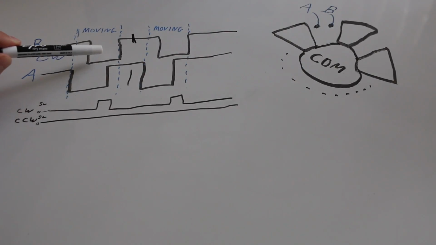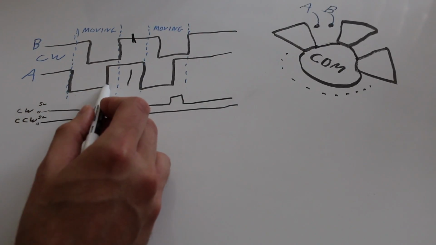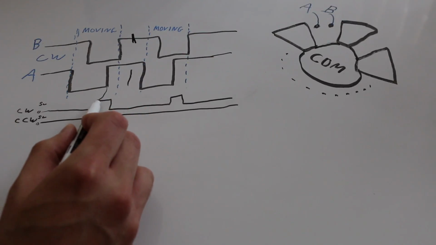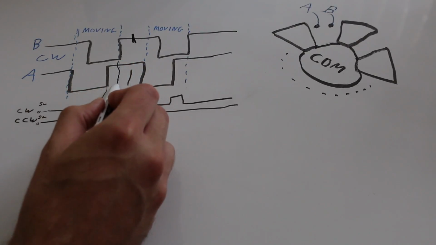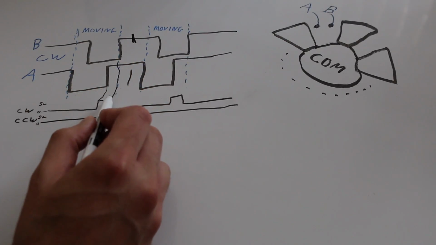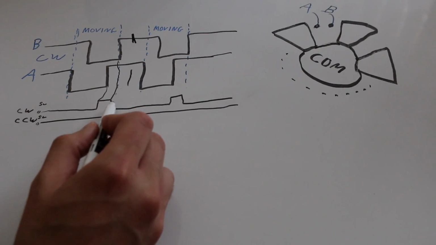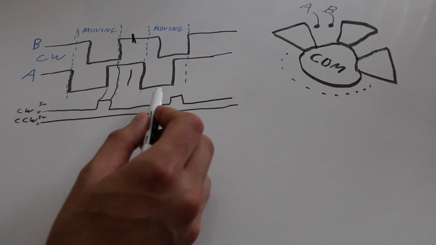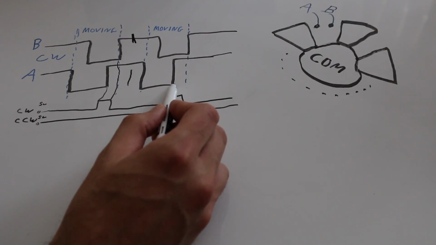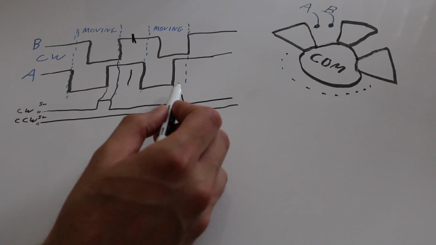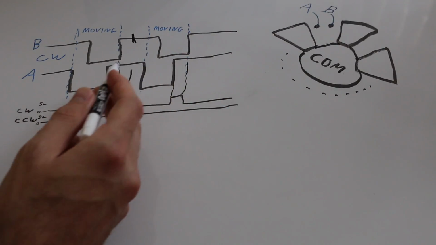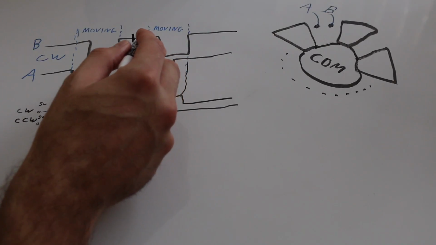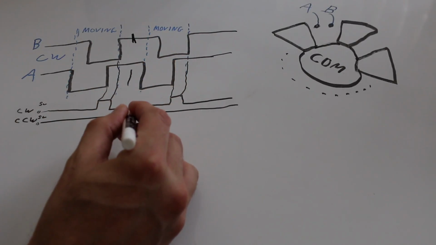So here, if I'm looking at A, when A returns high again, I start generating my pulse, and by the time B has gone high, we're done with our movement, so we want to stop asserting our pulse and we're ready for a new movement as fast as it wants to come. We start moving again. When A is ready to go high, we start generating our pulse, and when B goes high and we're done moving, we're done generating our pulse.